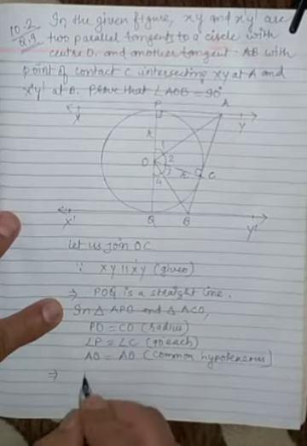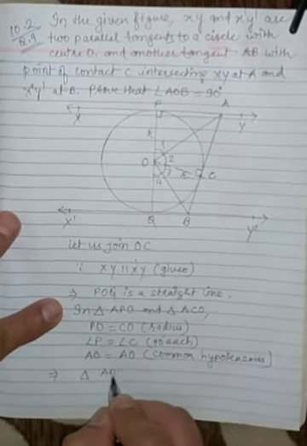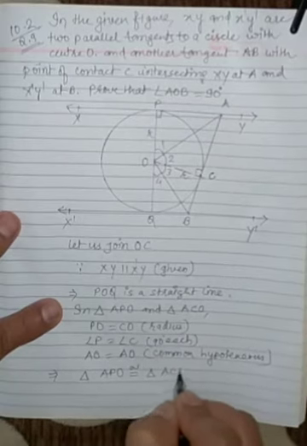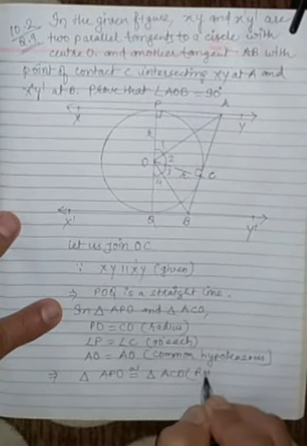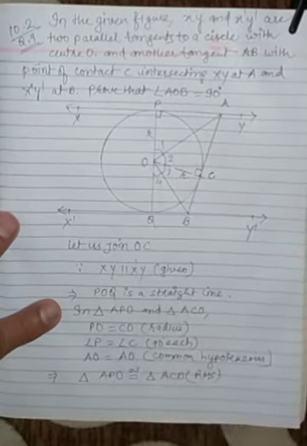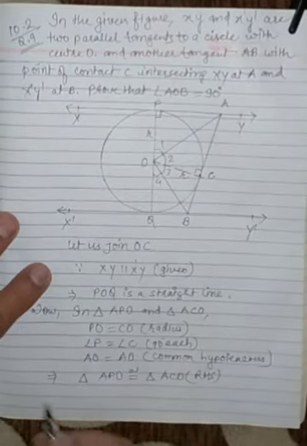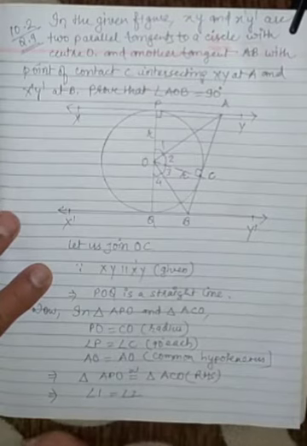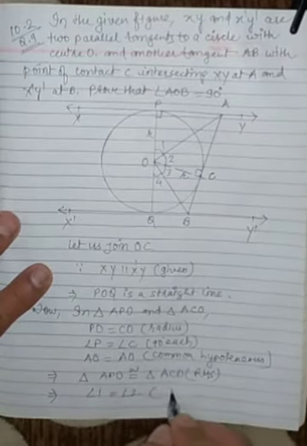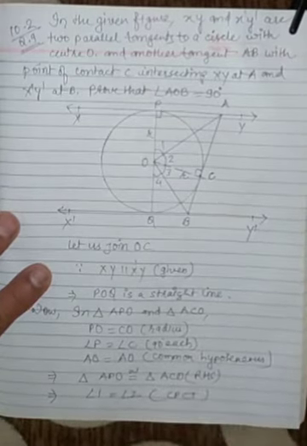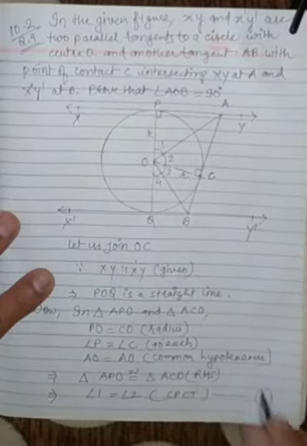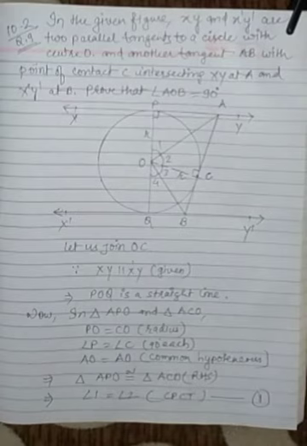That means triangle APO is congruent to triangle ACO by RHS criteria. So we can say that angle 1 is equal to angle 2 because of CPCT, corresponding parts of congruent triangles. Let this be equation number 1.